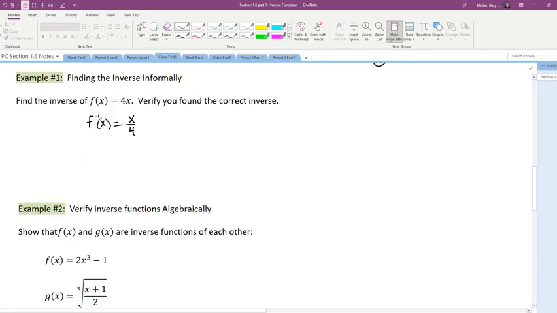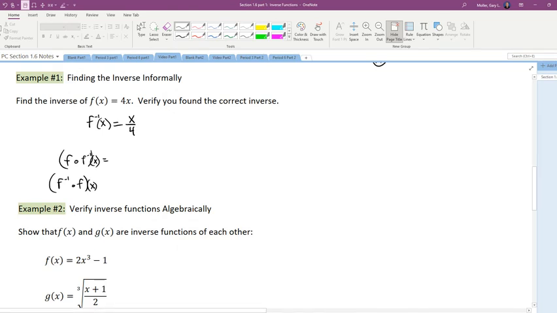All right. So if I do f of negative 1 of x, and I do the reverse, and they both simplify out to be x, then yes, I have inverses.